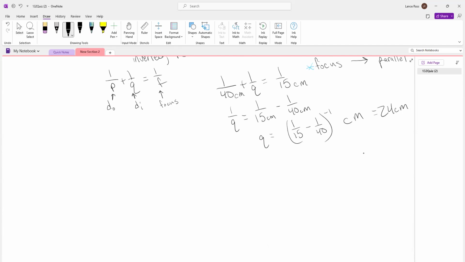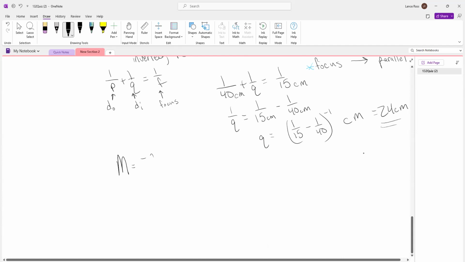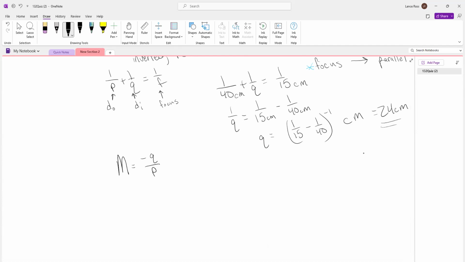Right, so we have our location. And we can look at our magnification factor, which is minus q over p, if we want to describe the height of the object or the image. Minus 24 centimeters over 40 centimeters.